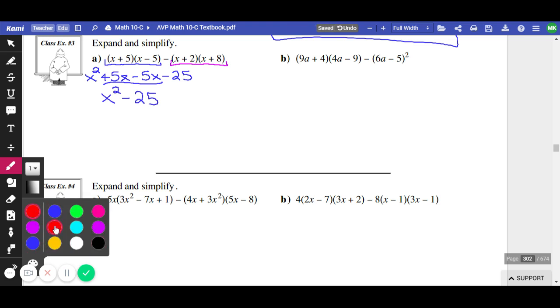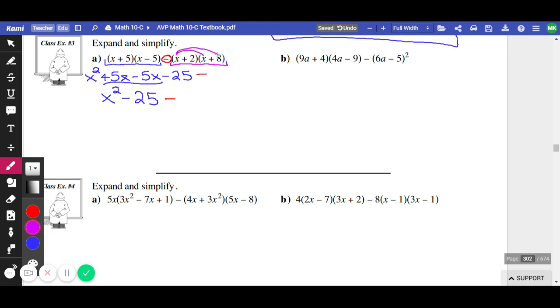Then we have this big old subtraction sign still. The purple side. If I multiply the purple side together, I'm going to use distribution. That would give me x squared plus 8x plus 2x plus 16.